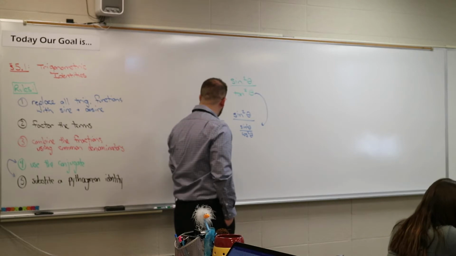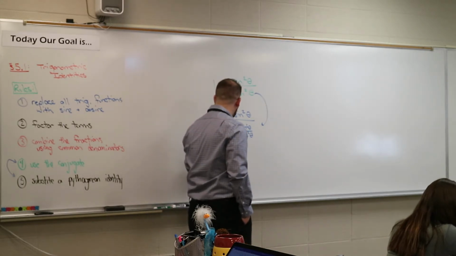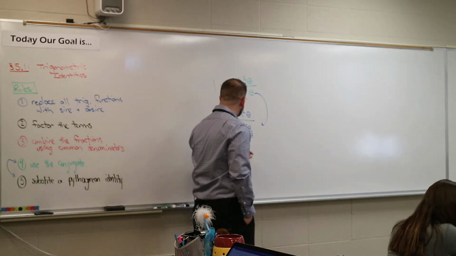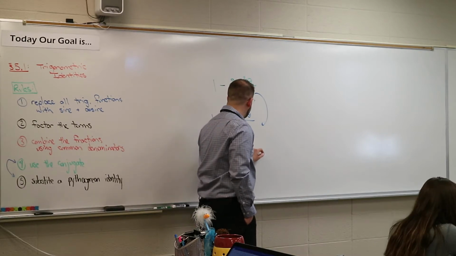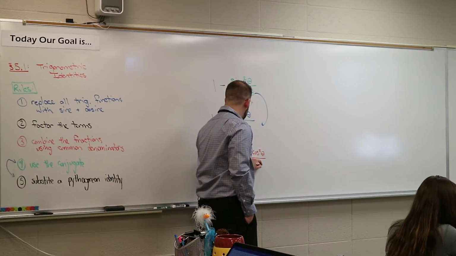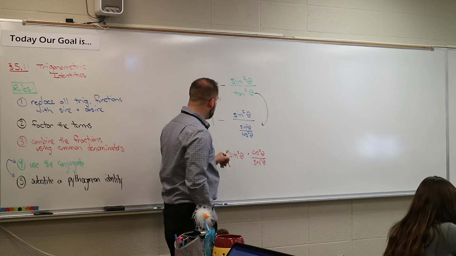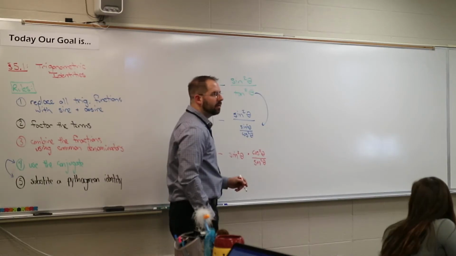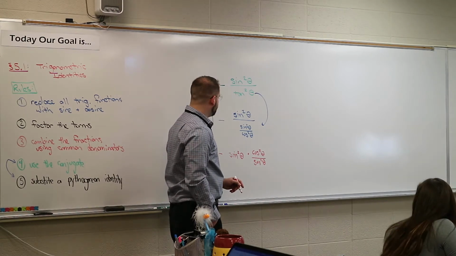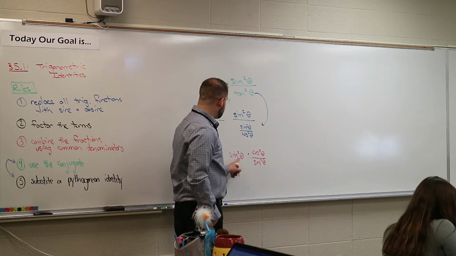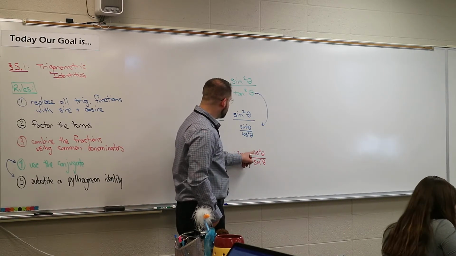We're going to take the top times the reciprocal of the bottom, because that's technically how you divide. You're dividing by the bottom, so I do a quick reciprocal. What do you get when you multiply sine squared times cosine squared over sine squared?